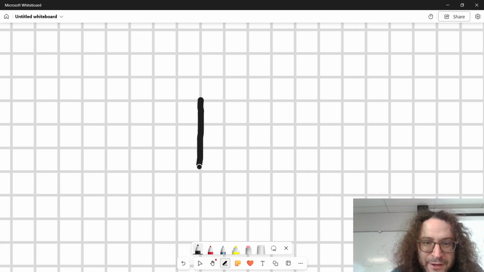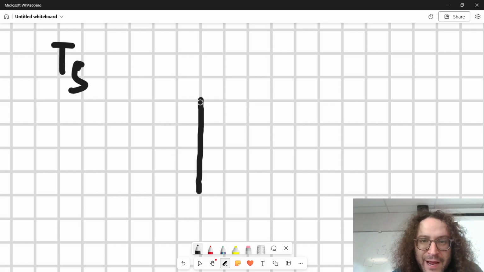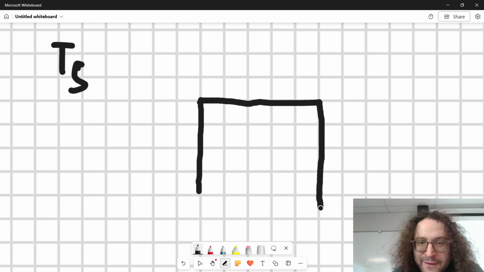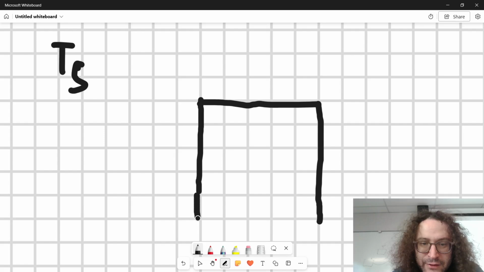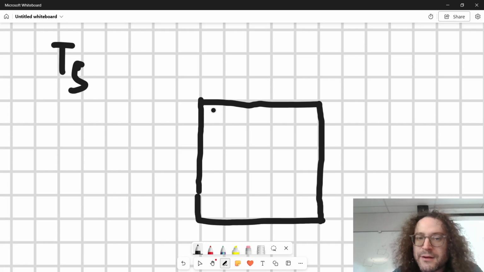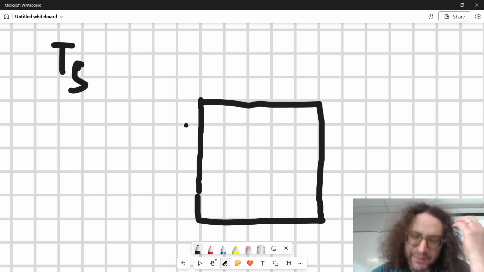All right, so suppose I have this. I'm going to show you t of 5, the triangular number for 5, and I'm just going to create a 5 by 5 square and circle it over here, okay? As best I can.